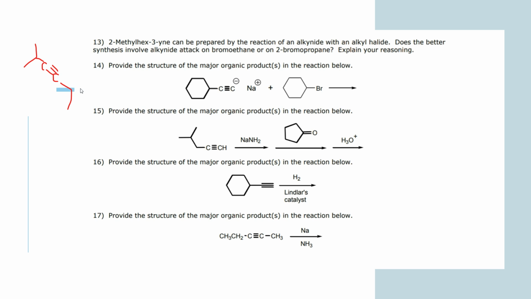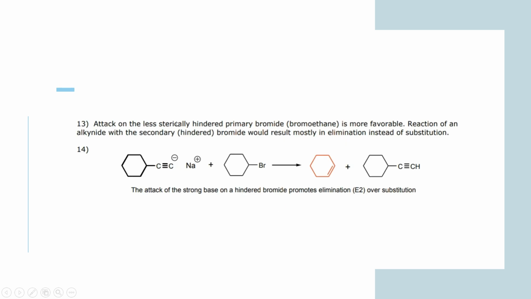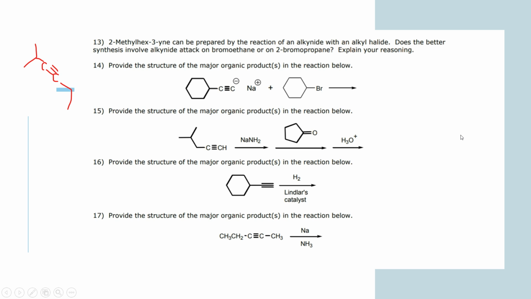Whereas when it comes to 2-bromopropane, where you are attaching bromide on this center and attacking with alkynide, you will have a comparatively higher sterically hindered center here. So, reaction of an alkynide with the secondary bromide will result mostly in elimination instead of substitution.